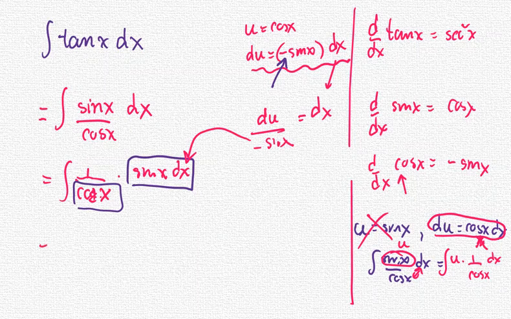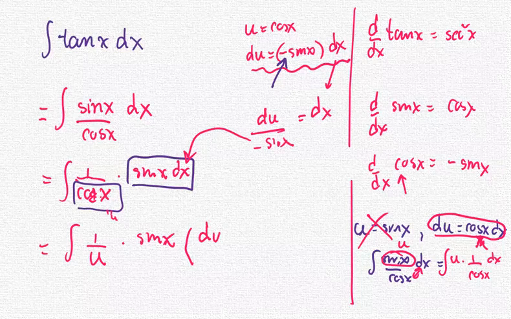So what we get is the integral of 1 over u, because cosine is the u, and then multiply by sine x. And what is our dx? Dx is du divided by negative sine x. So this way you can see the sine and sine reduce, still have a negative coefficient involved in the problem. And now simplify, after you reduce the sine x from the numerator and denominator part, we still have the negative.